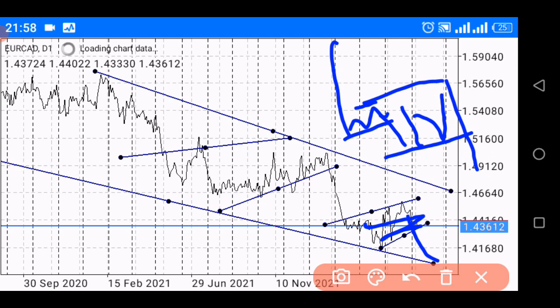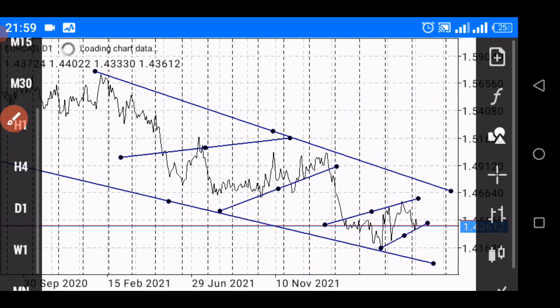This is one of the powerful flags that I've noticed in my trading experience. I call it flag within flag, because I first have a small flag, then I have a larger flag of it. I'm 80% sure that the price is going to break this because of this pattern here.